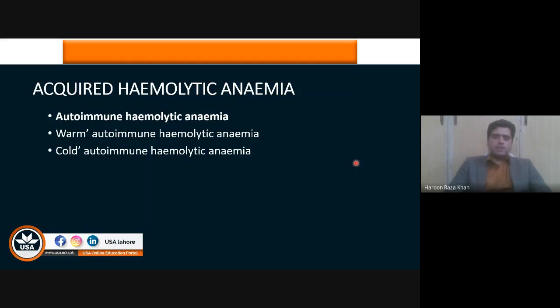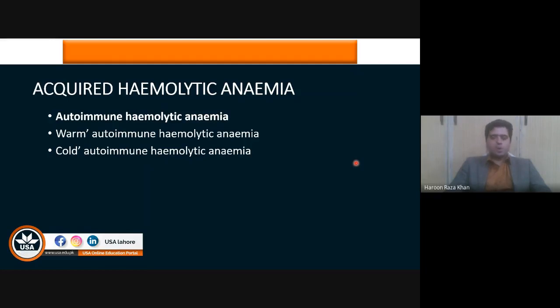Certain diseases have been known to be associated with these warm and cold antibodies. For example, for the warm antibodies, there are conditions or diseases like SLE, lymphomas, or certain carcinomas, or even certain drugs, for example, methyldopa, that have seemed to be associated with these warm antibodies.